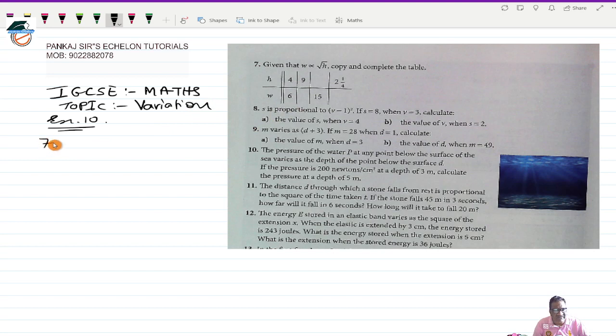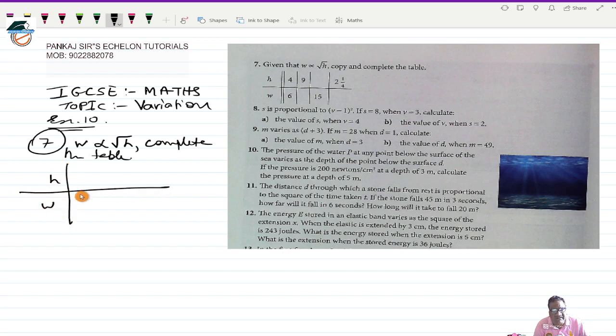Question number 7 says that given that W is directly proportional to the square root of H, you have to complete the table given below. Here the values of H and W are given this way.